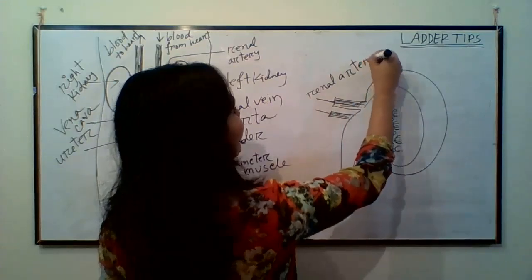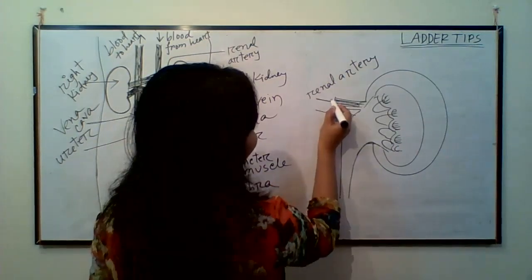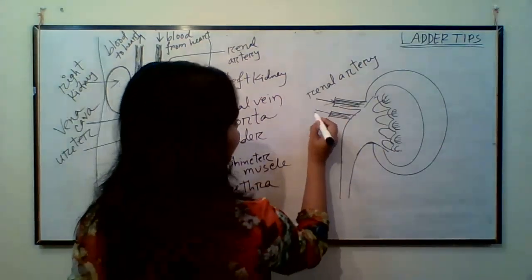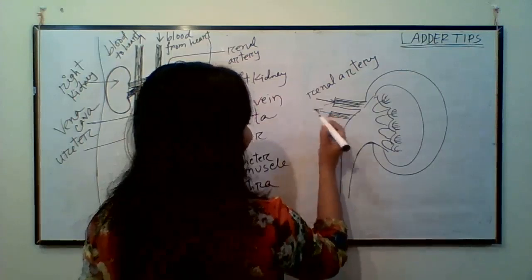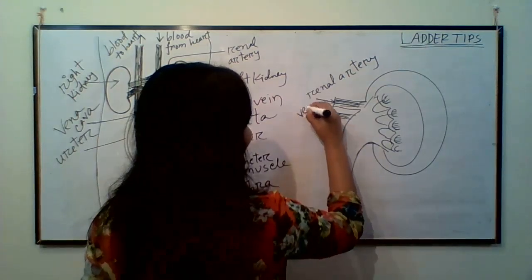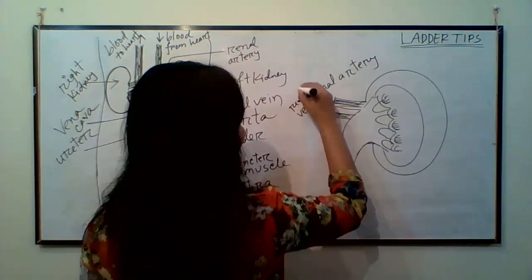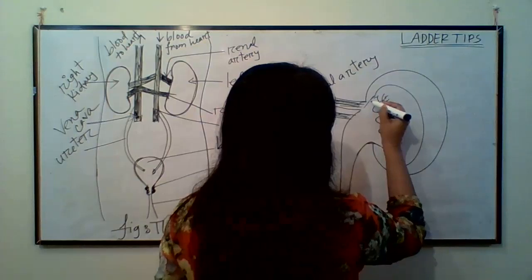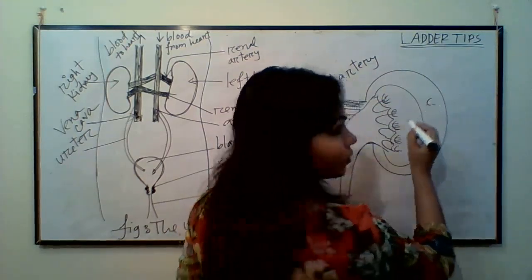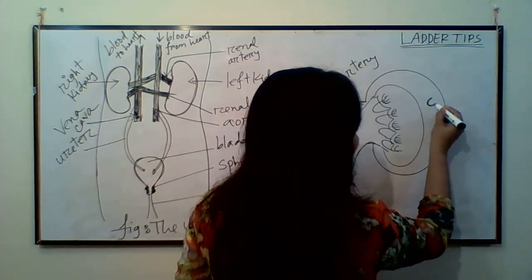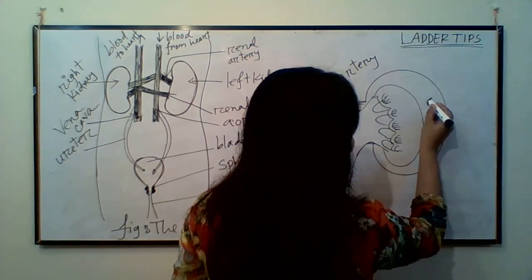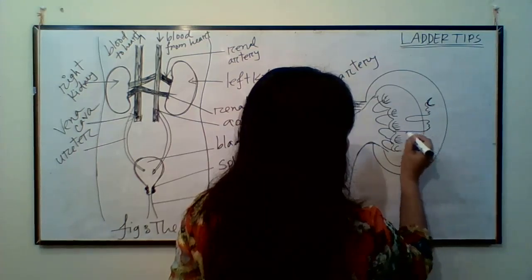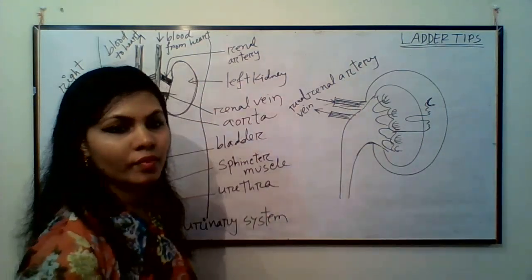This is the renal artery, and blood enters the kidney through the renal artery and then passes out through the renal vein. Understand?